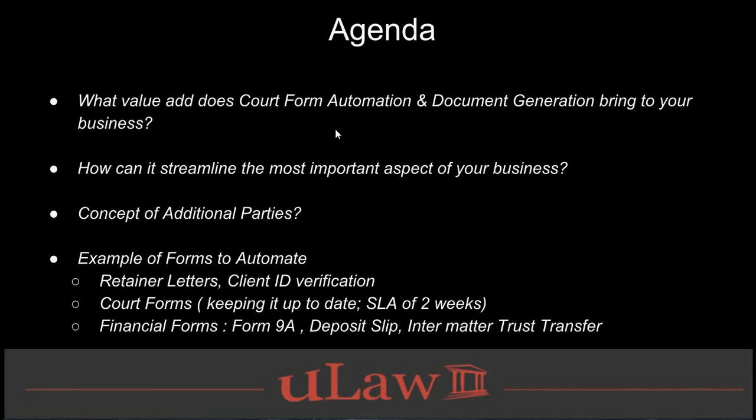We spoke about Form 9A and also talk about deposit slips and intermatter trust transfer documents as well. Okay, so that's kind of a very set agenda. We want to walk you through the experience of automating court forms and showcasing some of the other documents as well that in your business realm you can actually automate.